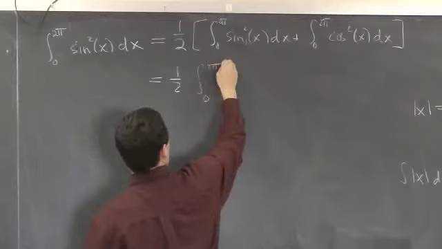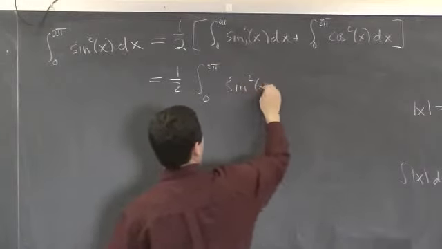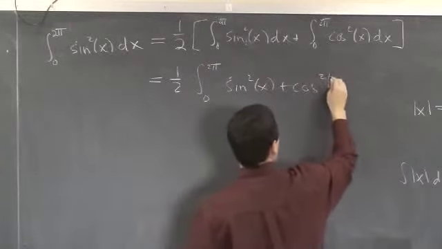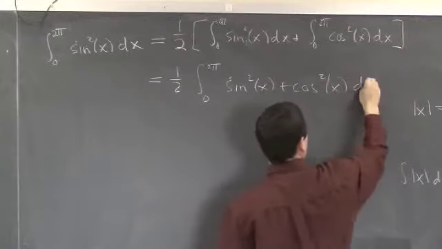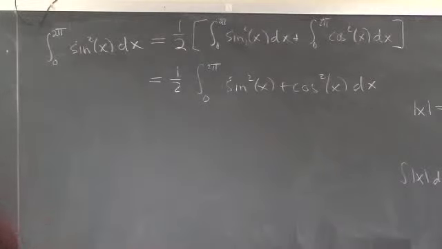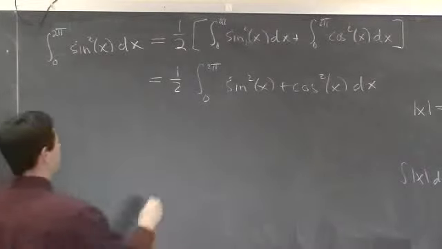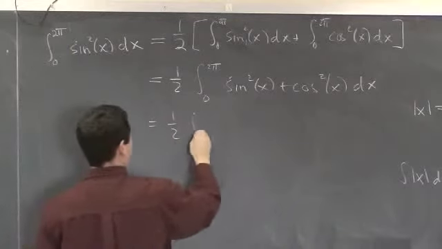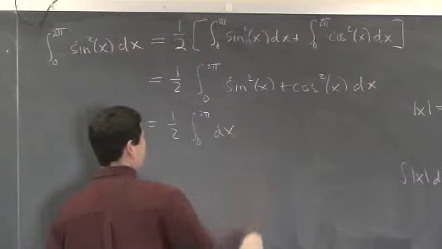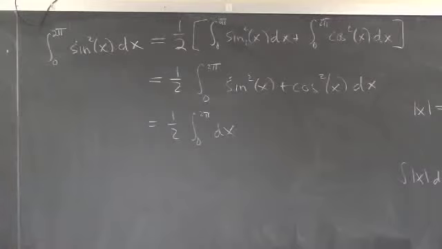So this is 0 to 2 pi of sine squared x plus cosine squared x dx. Of course, what's sine squared plus cosine squared? 1. Just 1. A half integral 0 to 2 pi dx. This is a much easier integral.